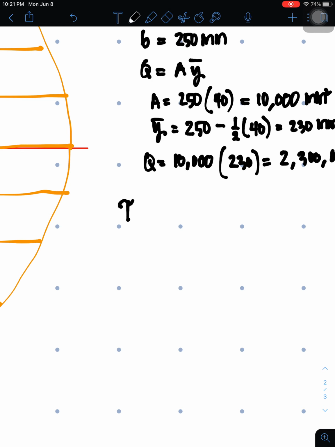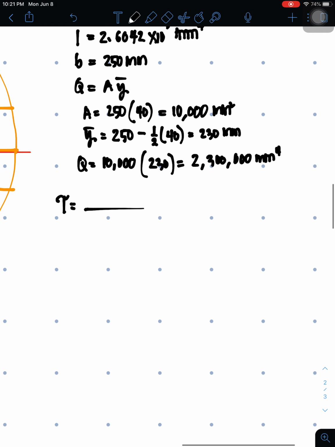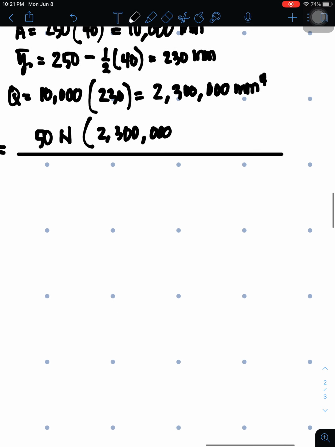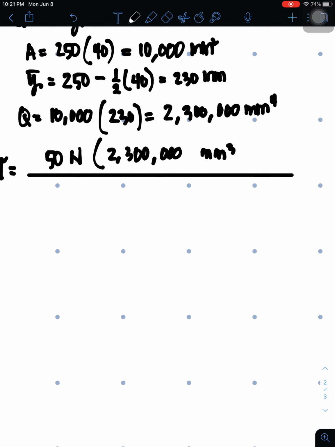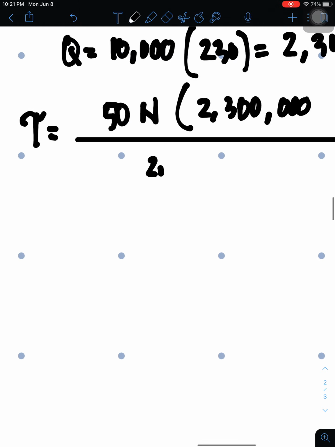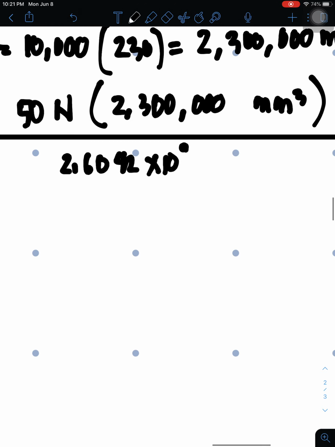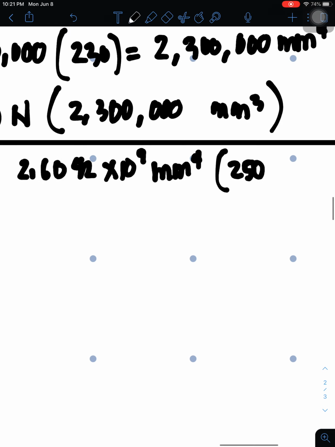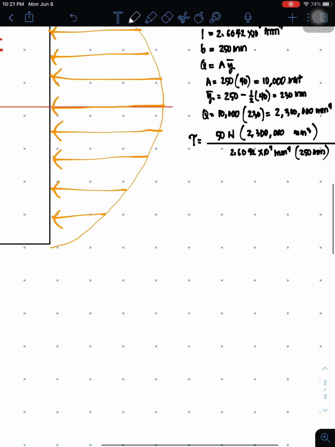And let us proceed in getting the shear stress. So same gihapon na tong V, that is 50 newtons times the Q is 2,300,000 mm to the 3rd over I, the same gihapon na tong I. So that's 2.6042 times 10 to the 9th power mm to the 4th power times the base of 250 millimeters.